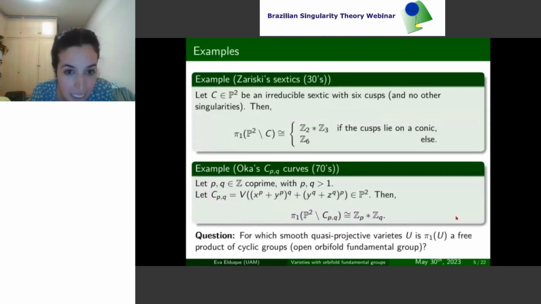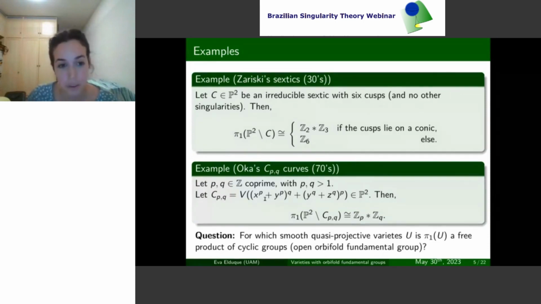Is it possible to recover that example by Oka's example, or is it a different one? Because Oka gave a formula to get the fundamental group as Z_p free product with Z_q. Does that sextic come from that example or what? I don't actually know. Did you get my question right? Yeah. Okay. Thank you. It's a good one.